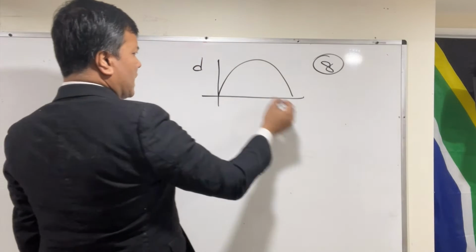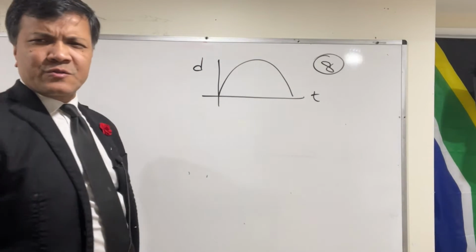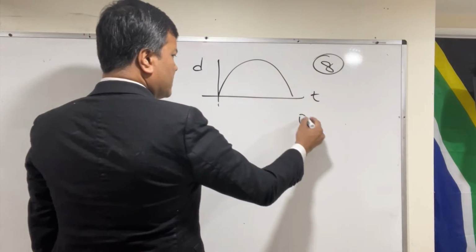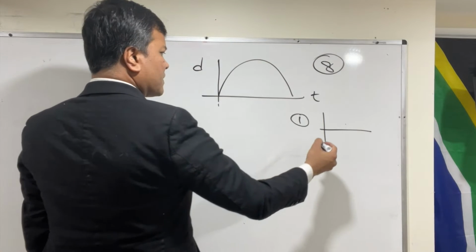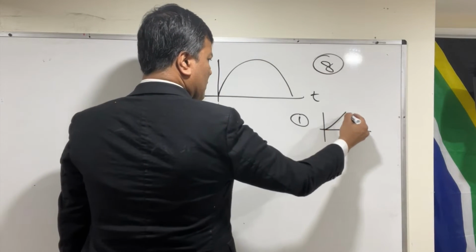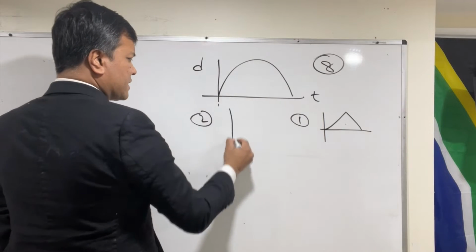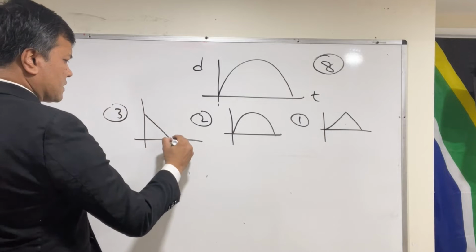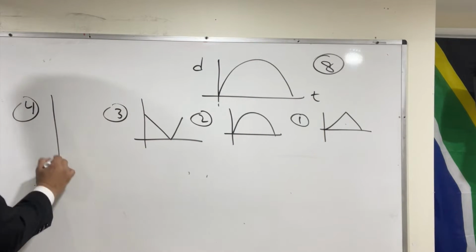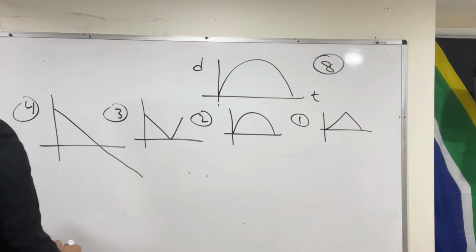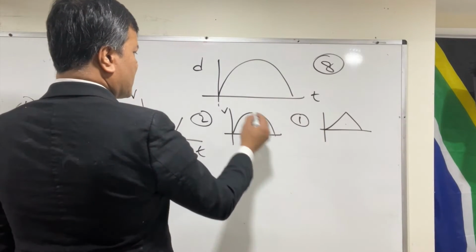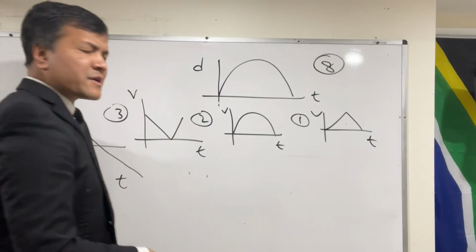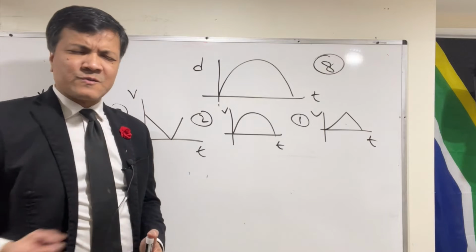When I throw a ball in the air, it creates a trajectory just like this, and I gave you one which is like this, and number 2 which is like this, number 3 which is like this, and number 4 which is like this. And these all are velocity versus time graphs. All right, so now we're going to verify which one is right.